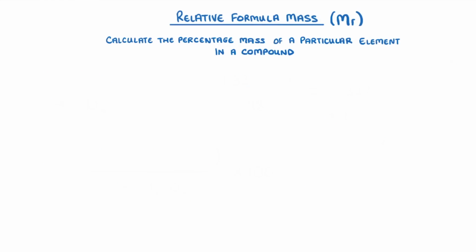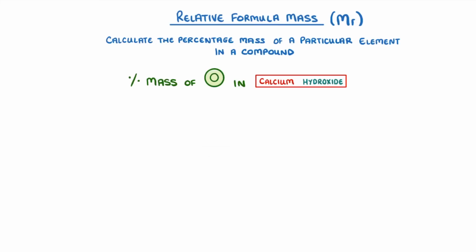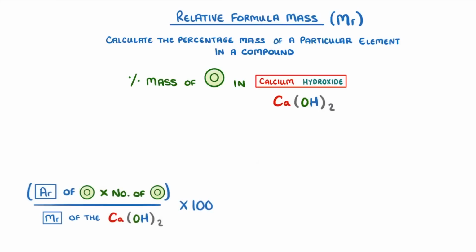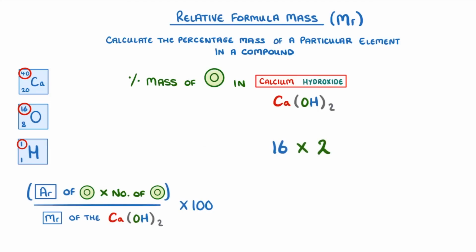Before we finish, let's find the percentage mass of oxygen in calcium hydroxide, which has the formula Ca(OH)2. The first thing to do is to recall our formula and check the periodic table to find the relative atomic mass of each element. So 40 for calcium, 16 for oxygen, and 1 for hydrogen. So for the top of our equation, we need to do 16 times 2, because we have two oxygen atoms.